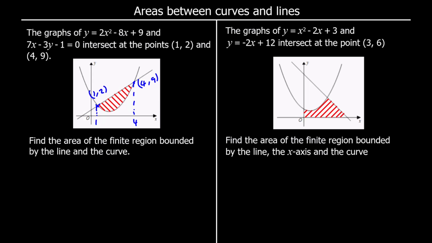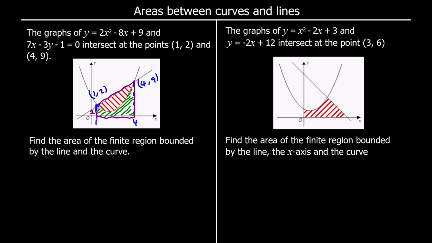So if we found the area under the curve, if we use integration between 1 and 4, we will find that green section there. And we could do the trapezium. So this whole shape, take away the green section to give us the red section.